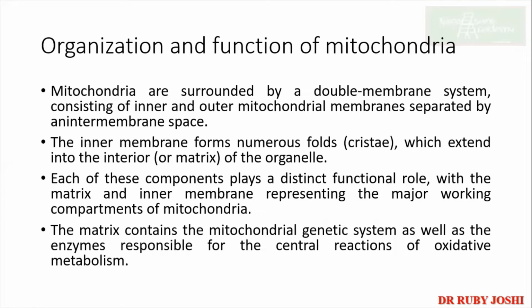More of these complexes means more of the ETC, the electron transport chain. These are the complexes which comprise your ETC: complex 1, 3, 4, and 5. These are integral membrane proteins present on the inner mitochondrial membrane.